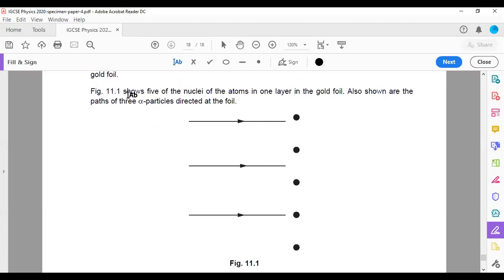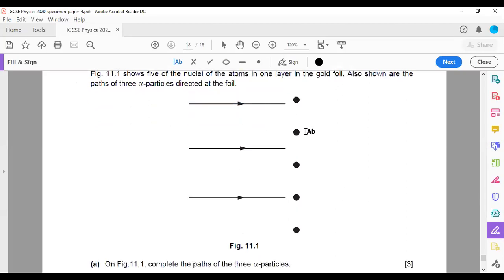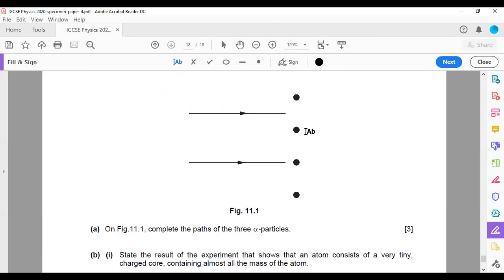They said figure 11.1 shows 5 of the nuclei, which are these 5 black dots here, in one layer in a gold foil. Also shown are parts of 3 alpha particles directed at the foil. On figure 11.1, complete the paths of the alpha particles passing through the gold foil.